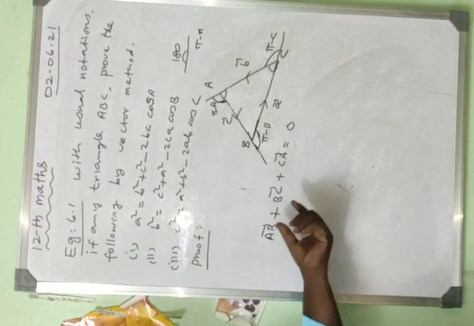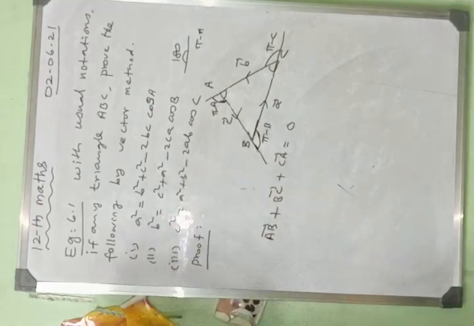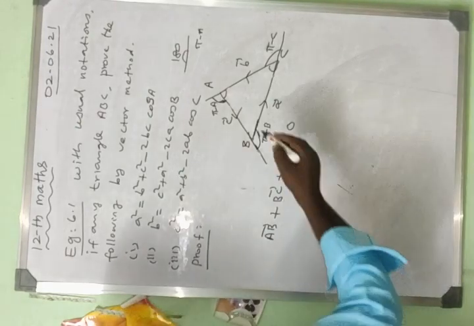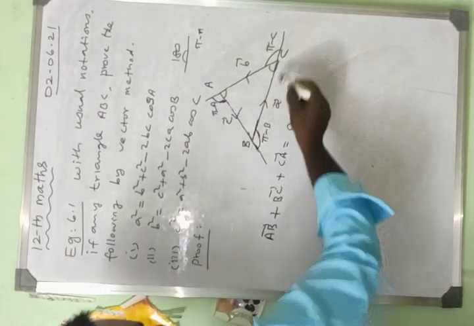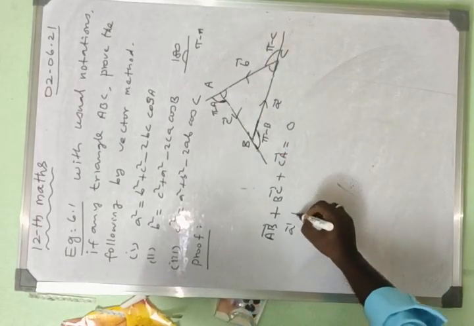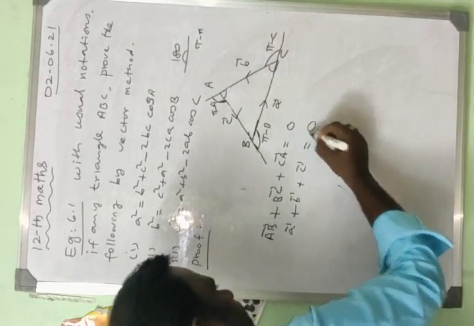All sides added give value 0, so we get a triangle. What is the AB value? AB equals C, BC equals A, CA equals B. So we write vector A plus vector B plus vector C equals 0.